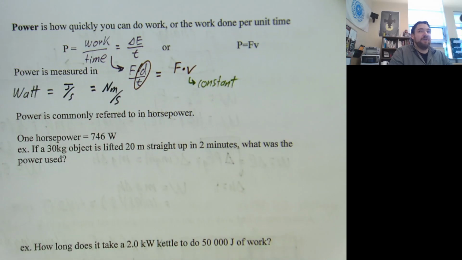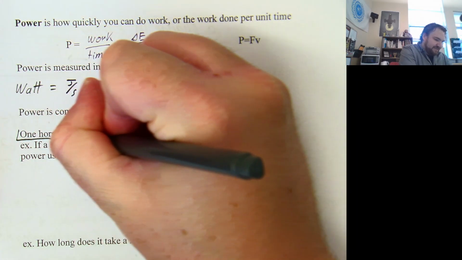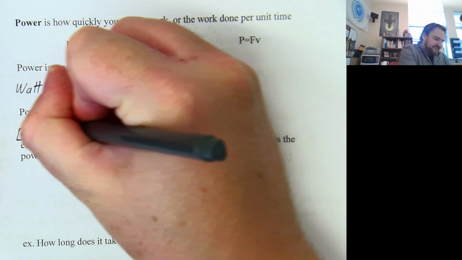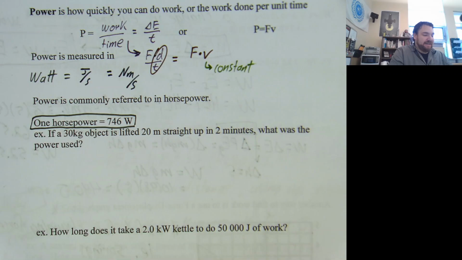How much power a horse has was deemed to be 746 watts. So whenever we look at these things, we can figure out how much horsepower is available by taking however much power there is and dividing it by 746. We're going to figure out how much horsepower was involved in a particular act.